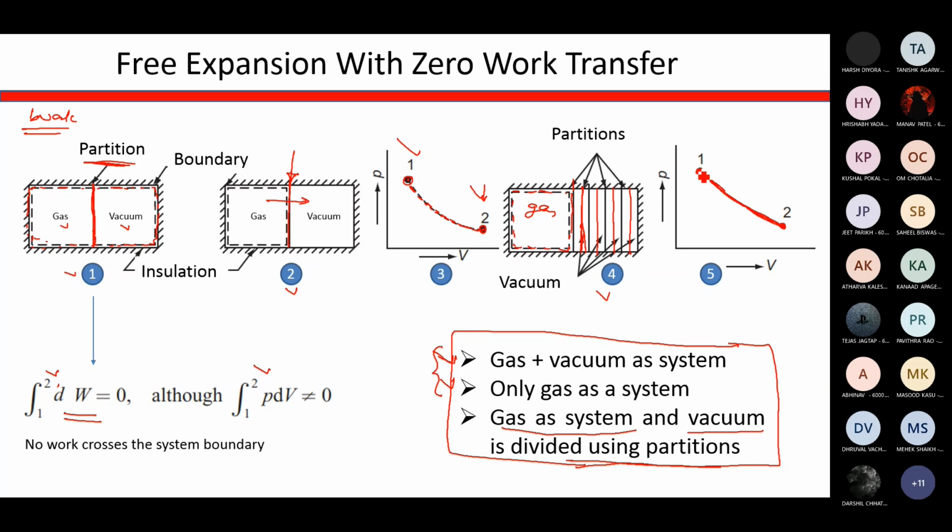So even though you may trace all the states in between, and even though you think that the PdV integral can be solved, the reality is the work transfer is zero, because your gas is simply not overcoming any kind of resistance while expanding against the vacuum. So in short, based on these 5 diagrams and whatever we discussed, we conclude that the free expansion is a process with zero work transfer.